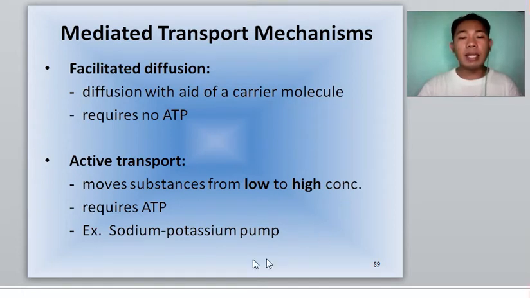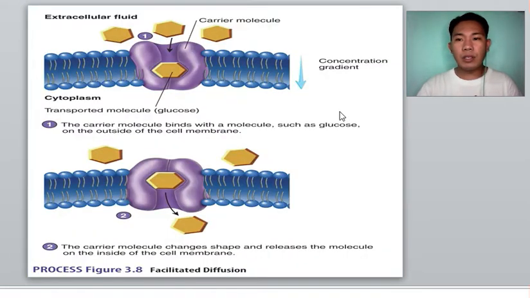One example is the sodium-potassium pump. This illustration is an example of facilitated diffusion wherein it used a transport channel or a protein channel for the glucose molecule to travel from extracellular fluid to intracellular fluid.